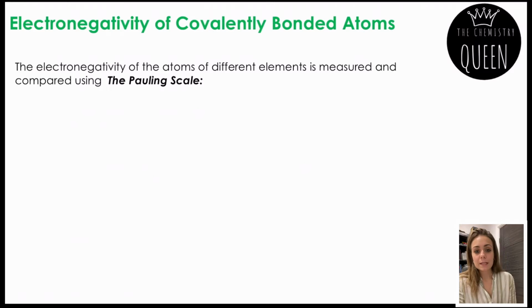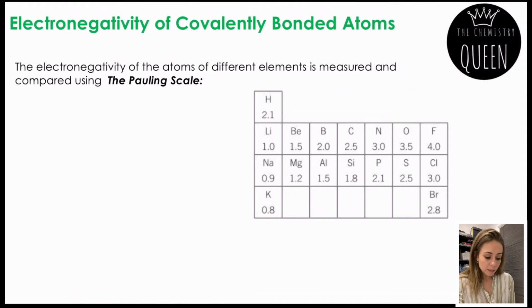Now obviously different atoms of different elements have different electronegativities, and it's because of the two reasons that I mentioned earlier, nuclear charge and the size of the atom. Now it's actually measured, so electronegativity of atoms of different elements is measured and compared using something called the Pauling scale. So here we can see the Pauling scale for a number of different atoms of elements from the periodic table.